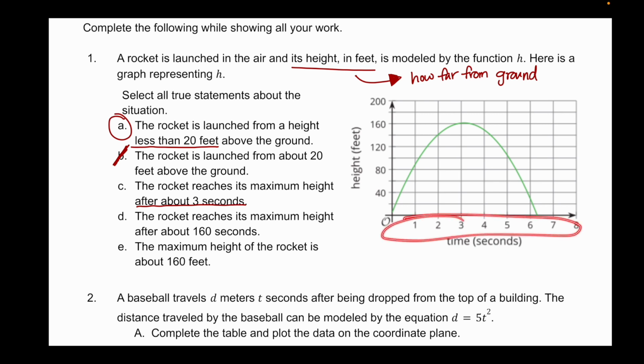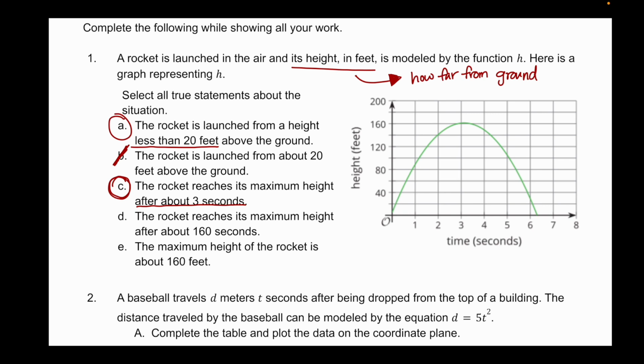Seconds is down here on the x-axis, or the horizontal axis, and the maximum height is right there. It's literally just the tallest that it goes, and this is around 3 seconds. It's a little bit more, but that looks to me like about 3 seconds. So I'm going to say that C is also correct.